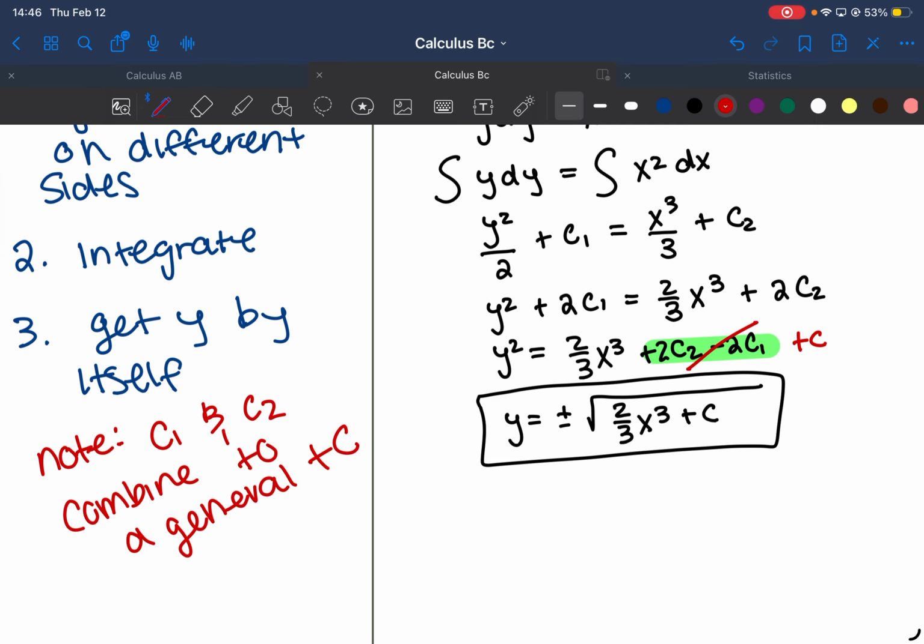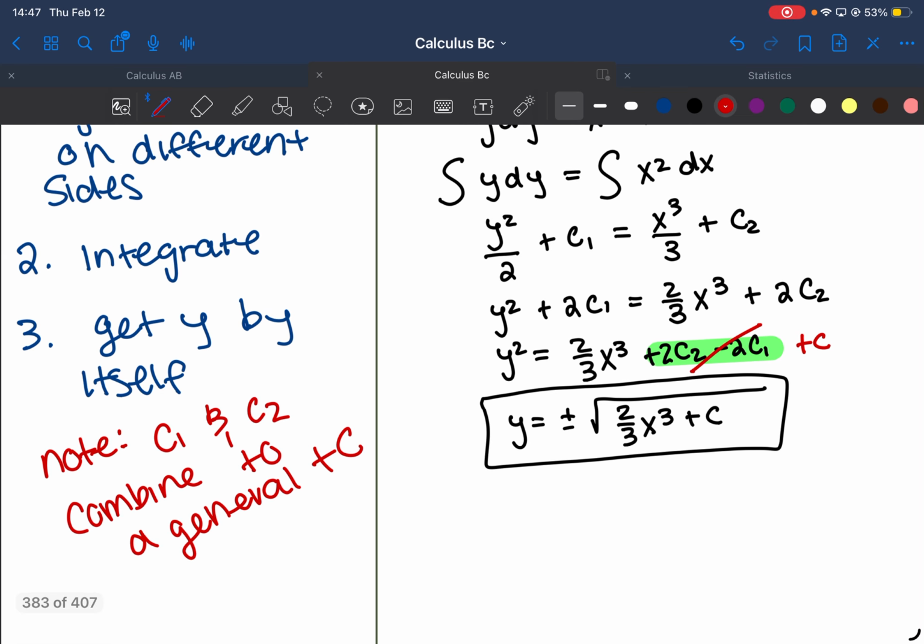If we're adding a constant, that constant value could be a negative number, right? It could be plus a negative 2. And we're going to follow these steps for every single problem.